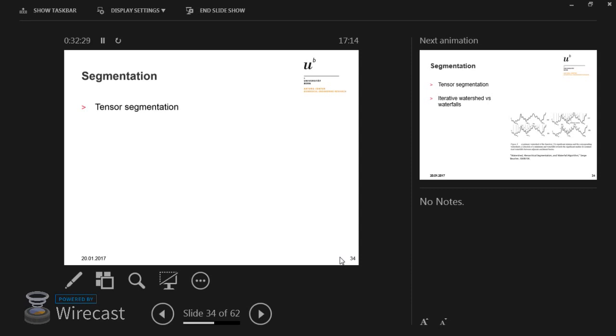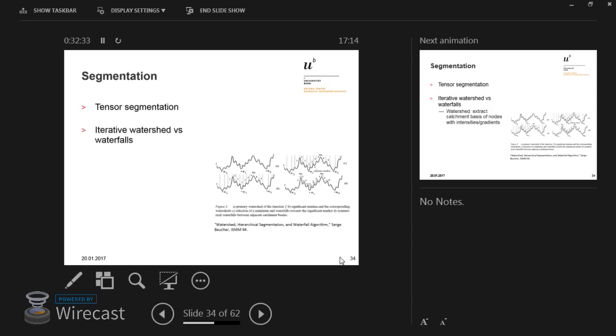Another thing in segmentation, however, that did work quite well was the iterative watershed. This is a clustering or merging system that is very close to the original watershed, or the waterfalls transform, with the difference that instead of considering a direct system, it's an iterative, repeated process.